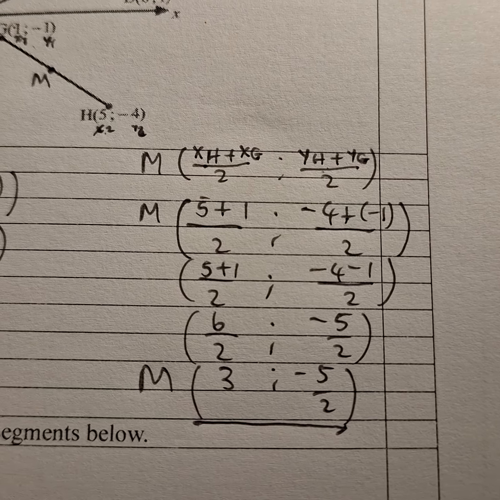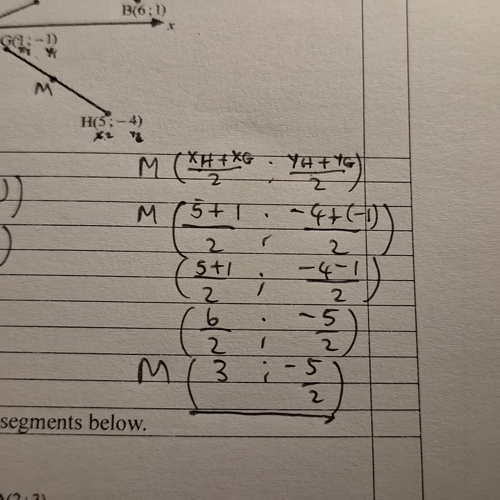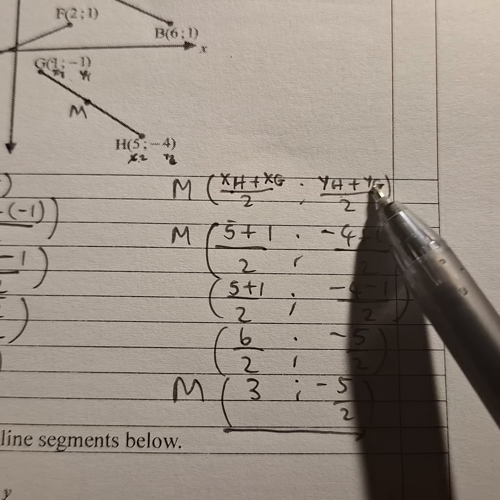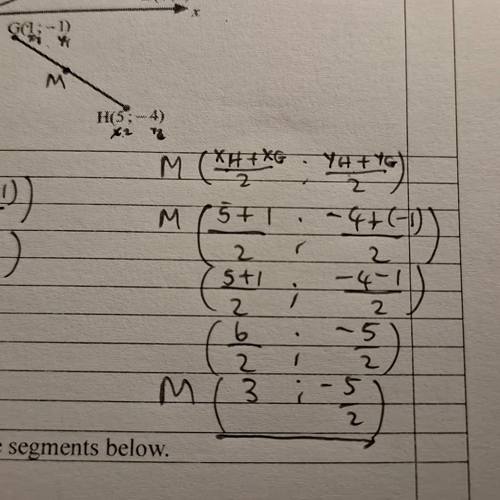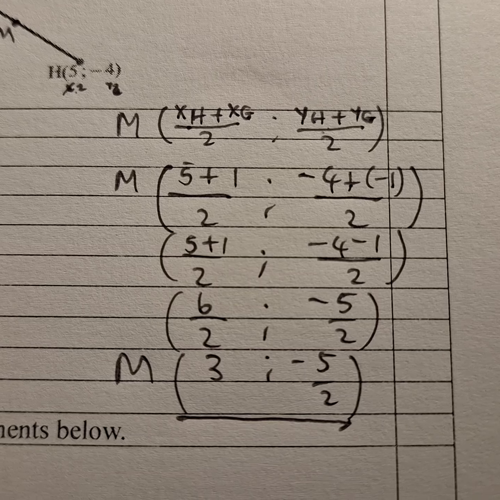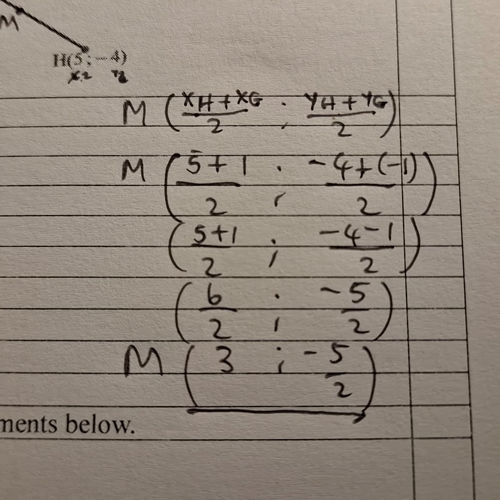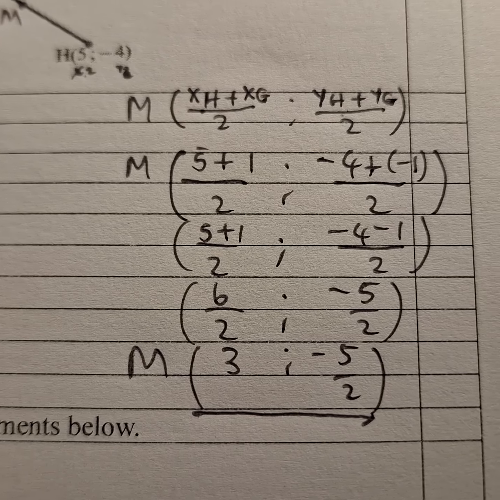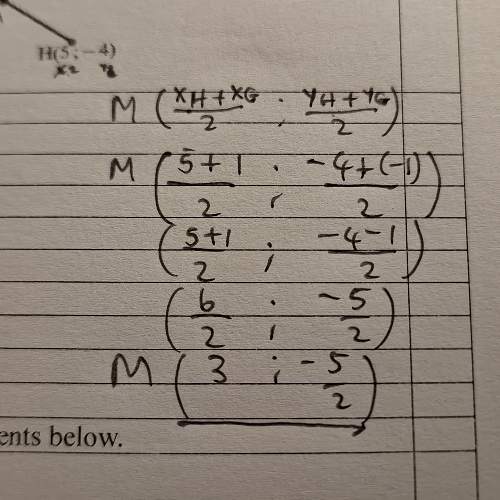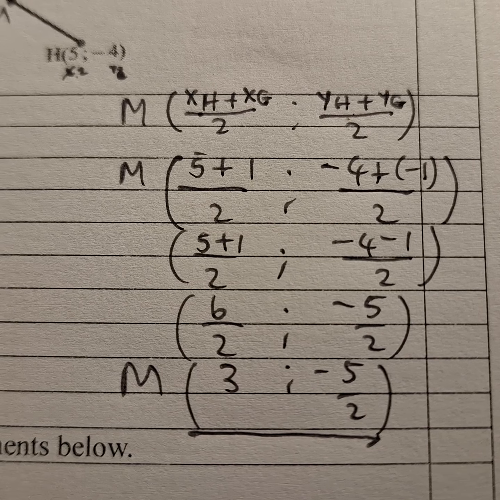And for the midpoint formula, it's the sum, guys: the sum of the two x coordinates over 2, the sum of the two y coordinates over 2, unlike your distance formula, where there's always a subtraction sign between the two x coordinates, and your gradient formula, where there's a subtraction sign between your x and your y coordinates.